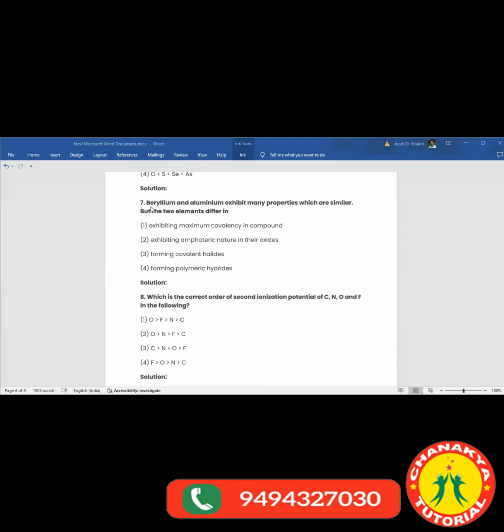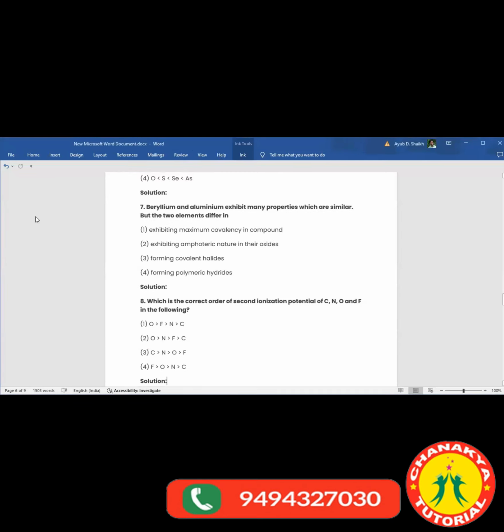Now see the next. Beryllium and aluminium exhibit many properties which are similar, but the two elements differ in exhibiting maximum covalency in a compound, exhibiting amphoteric nature in their oxides, forming covalent halides, and forming polymeric hydrides. What sort of properties are exhibited differently by beryllium and aluminium?